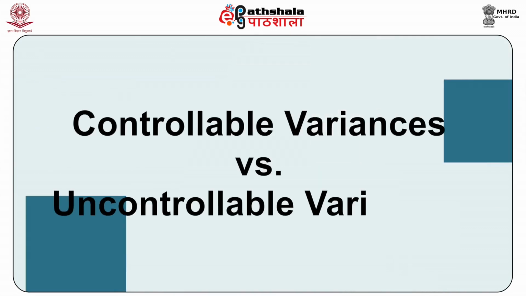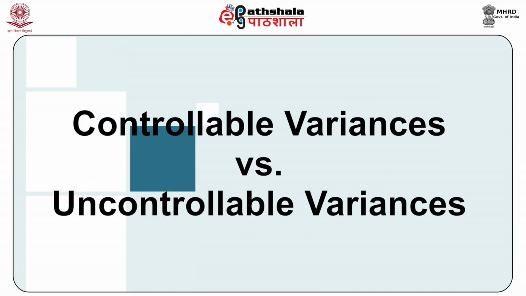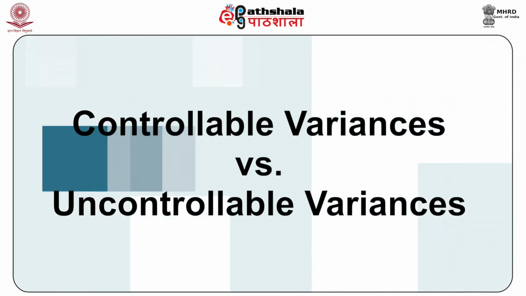Now we will consider controllable variance versus uncontrollable variance. There can be many factors responsible for a favorable variance besides the straightforward relationship between cost, profit and sales. It sometimes reflects the efficiency of an organization in managing all the given factors.